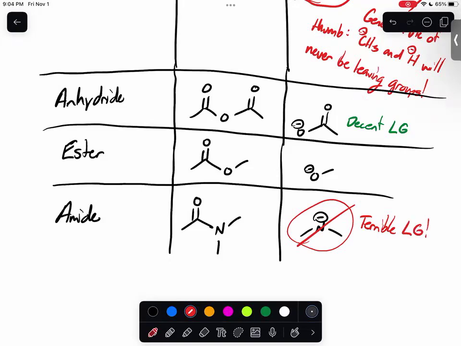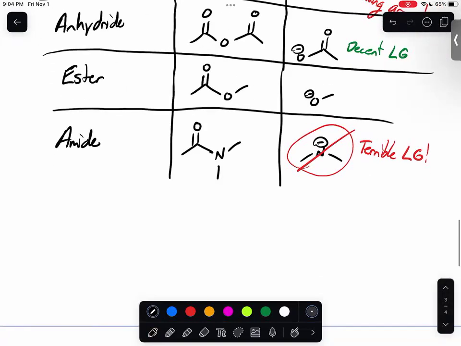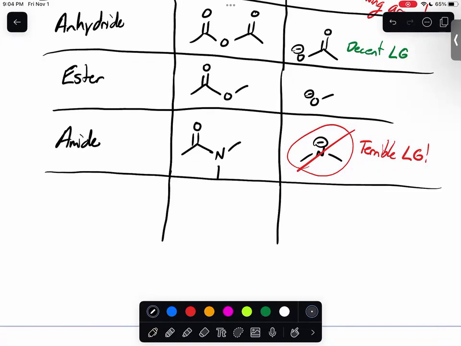All right. Now, just as a little sidelight, because I'm sure that this will come up in some of your questions, carboxylic acids are another type of carbonyl, right? Because we've seen them all around. And you can imagine that if we were to break this bond, it would form OH minus.